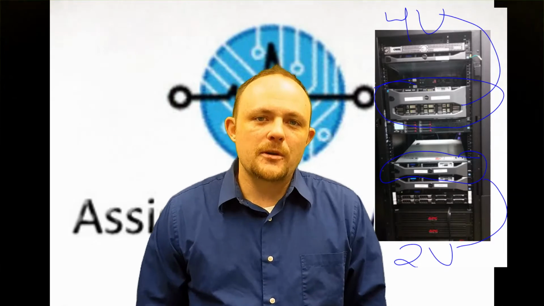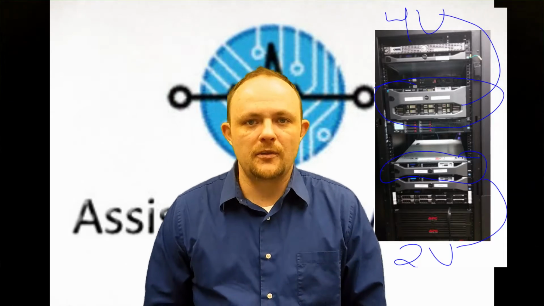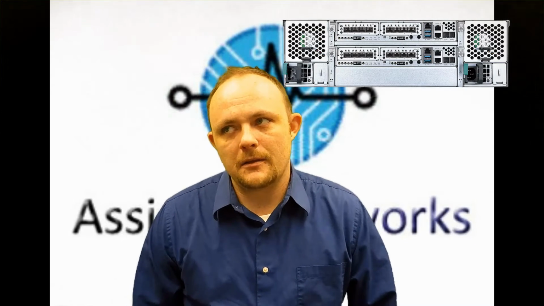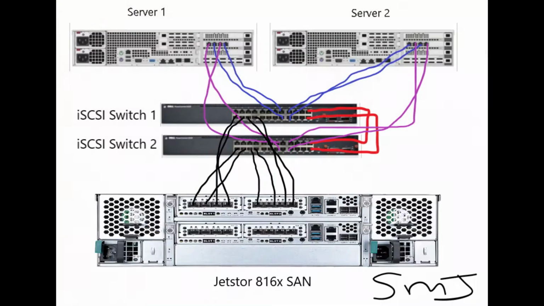We'll put that storage into the rack, and on the back of that storage there are network cards. If you have a lower end storage device, your network cards will likely be 1 gig. You'll probably have 2 controllers, and you'll have 4 1 gig ports on both controllers.